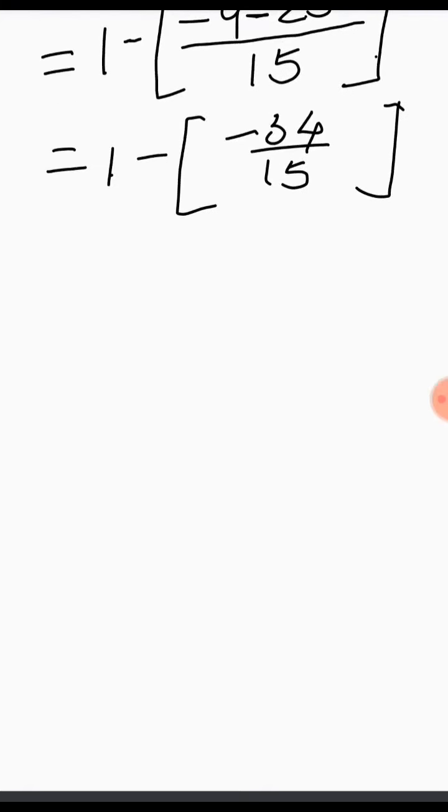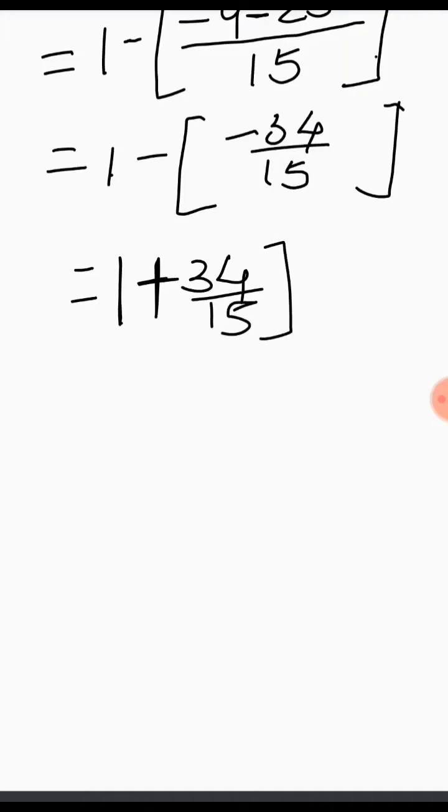So what you will get now is equal to 1, this minus into minus become plus, and remove this bracket, 34/15. Okay, now you remove this bracket also.